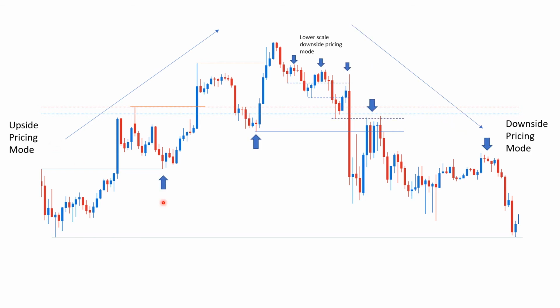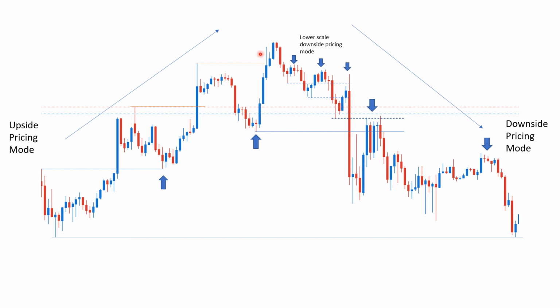All right, so this chart here is just a continuation of what I was talking about before. These arrows right here are just training your eye to look for how price breaks a high and then comes right back down, to look for where it comes down to before it makes the next high.